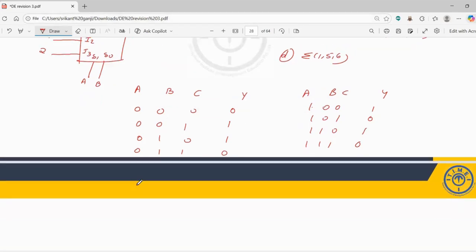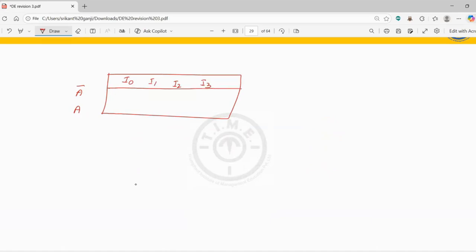For this, you can write the table. This is A bar and this is A, with I0, I1, I2, and I3. So this is 0, 1, 2, 3, and here 4, 5, 6, 7.